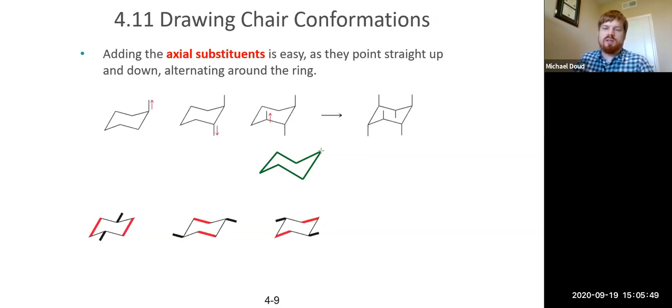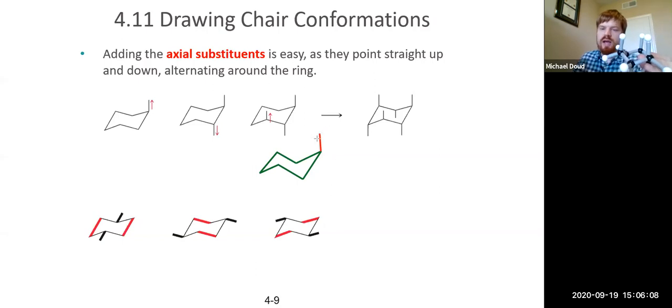And now drawing in the substituents. Our axial ones, note here, this carbon is pointing up. So this is a model of my chair conformation. This one right here is analogous to this one right here, and we notice that its axial is pointing up.